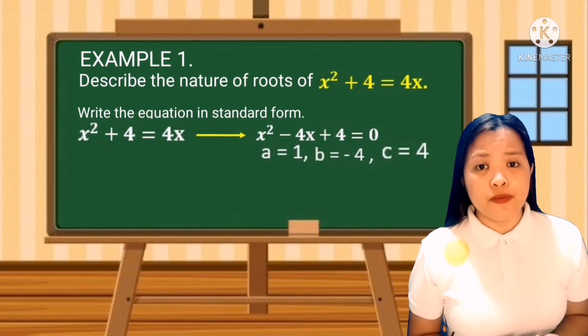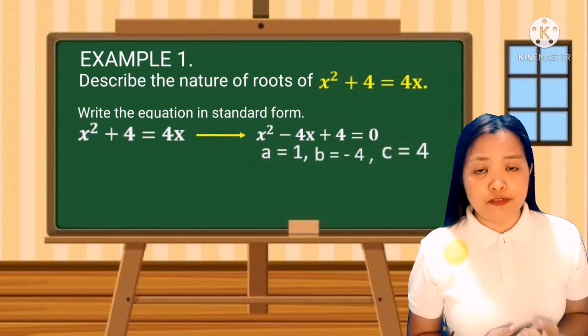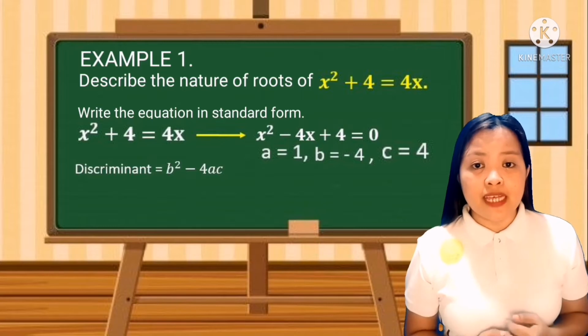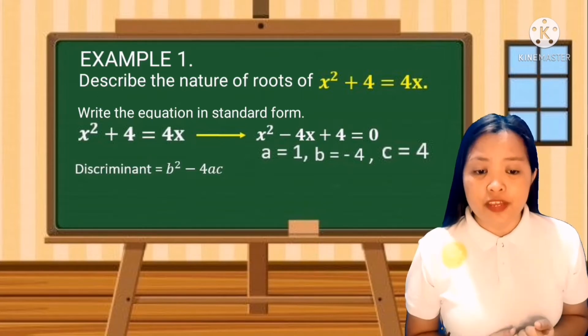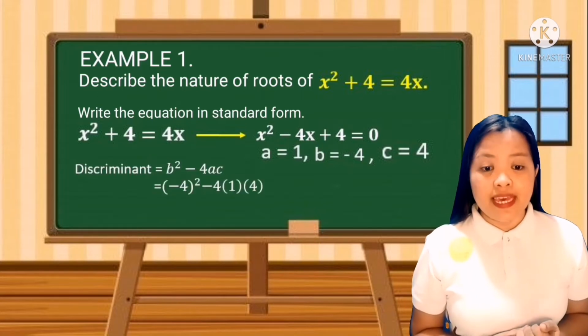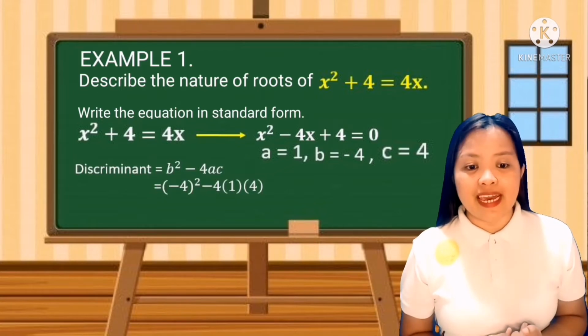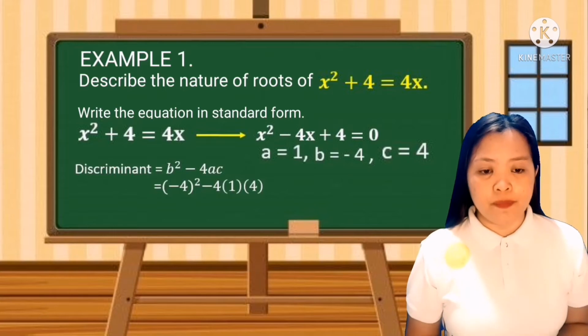To find the value of the discriminant, we are going to use the formula b squared minus 4ac. Substituting those values, we have negative 4 squared minus 4 times 1 times 4.